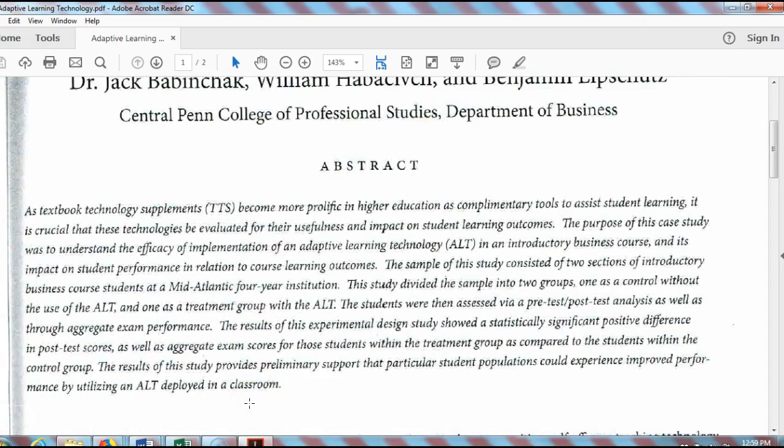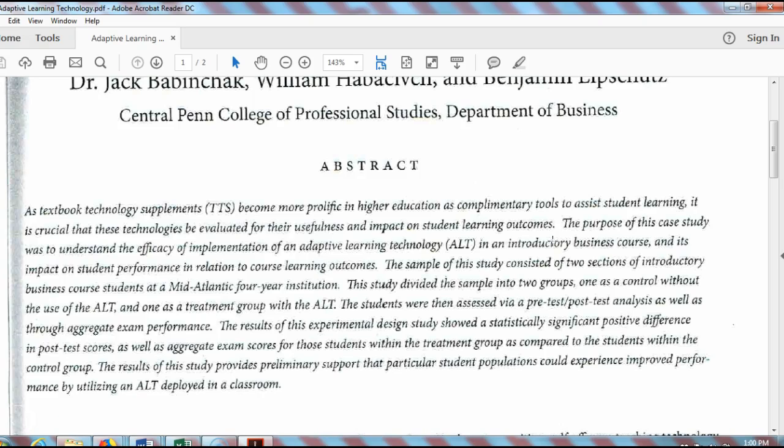The first thing I want to point out is the abstract. For right now, especially for this class, we're going to stay away from the abstract. An abstract really is there to summarize the entire research project. So you need the methods, you need to have collected data, you need to have identified participants, you need to have determined what type of statistical analysis you're going to do, you needed to perform that analysis, and then you need to have some kind of outcome of what was done.